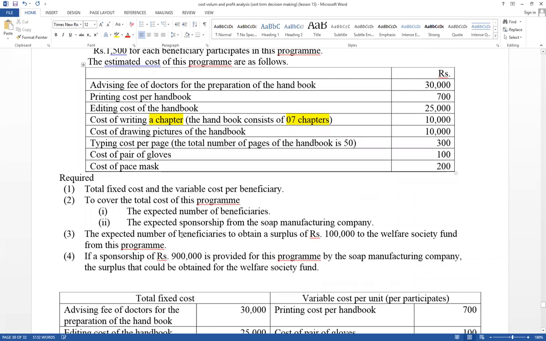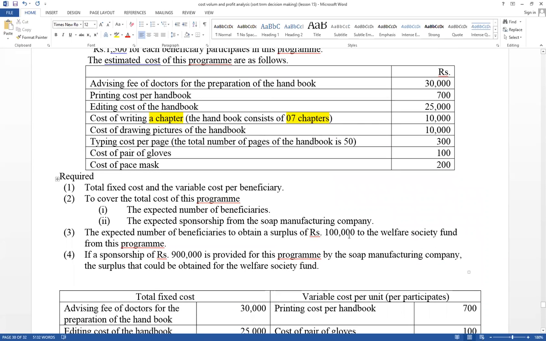Therefore, to generate expected profit, they ask how many beneficiaries should participate. Therefore, quantity equal number of beneficiary equal total fixed cost plus expected profit divided by contribution per unit.